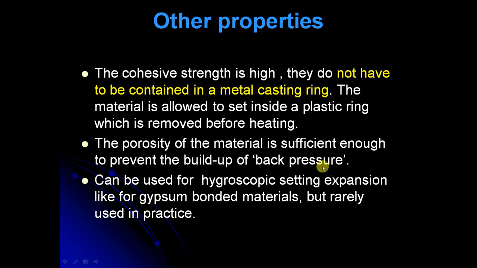If you have a question from this particular topic, maybe it will be on the back pressure. It can be used for hygroscopic setting expansion like for gypsum bonded material, but rarely used in practice.